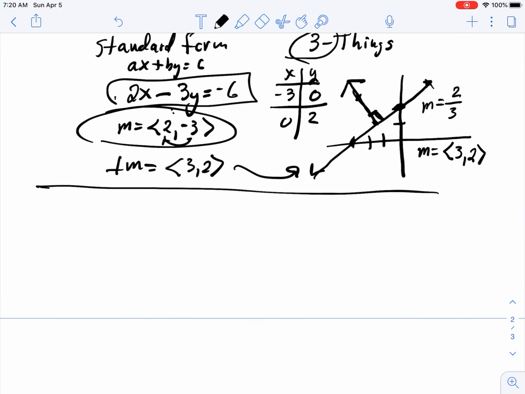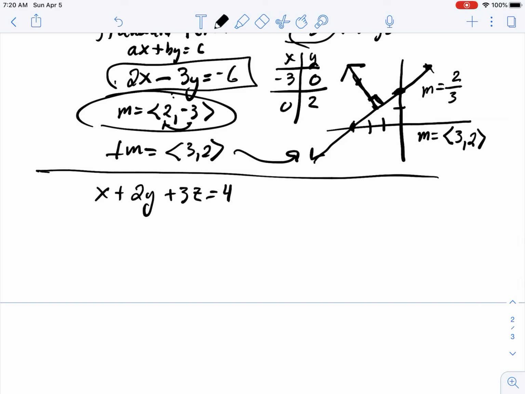So let's go to three-dimensional. If you have, let's say, x plus 2y plus 3z equals 4, this is standard form. So my slope is 1, 2, 3. So what does that mean?